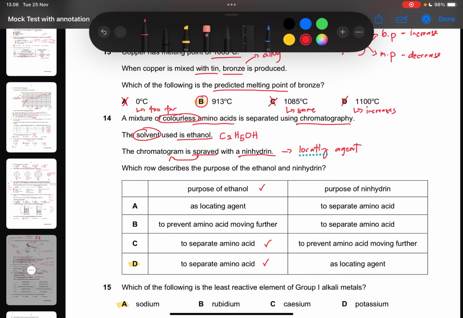So it means we want to separate our amino acid from the mixture. What's the purpose of our ninhydrin? As we have mentioned, that is our locating agent. So it's why letter D. So if you're asked what is the definition of locating agent, it is a material that we spray on the chromatogram to make our result visible, especially if we are using colorless amino acid.